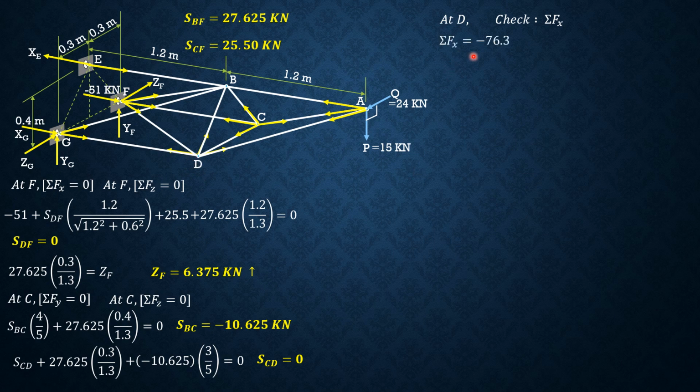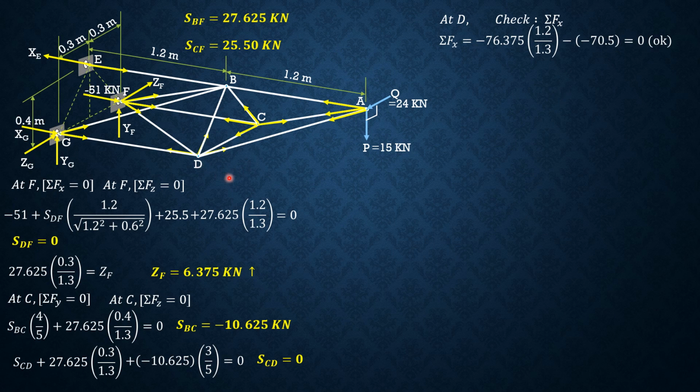So summation forces X equals 0: SAD, which is negative 76.375 times x component of distance 1.2 over distance 1.3, then minus SDG, which is negative 70.5, and if you compute that, that's 0. So okay, it is in equilibrium at D along x.